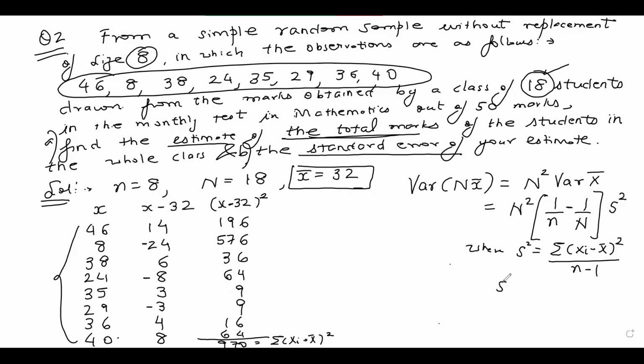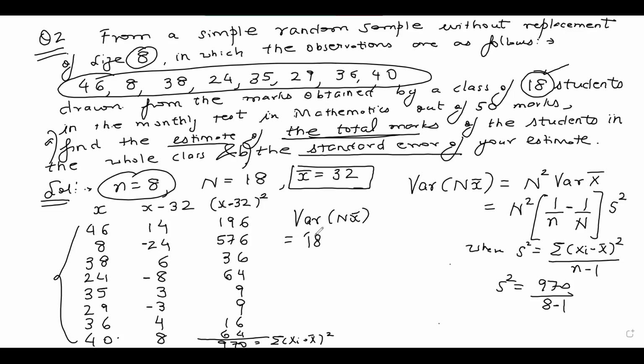So my s square is 970 over small n minus 1, which is 8 minus 1. Now if I work out the variance of nx bar, it's going to be capital N square, and capital N is 18.